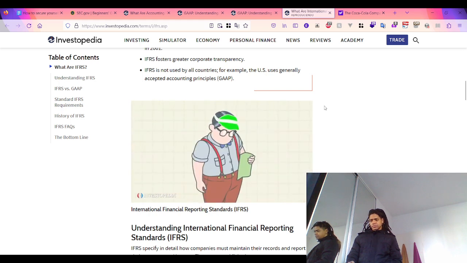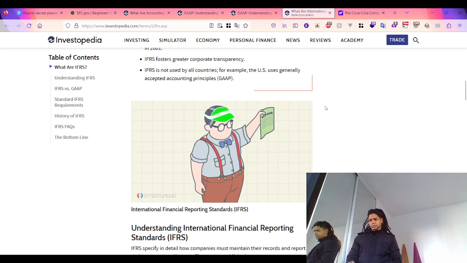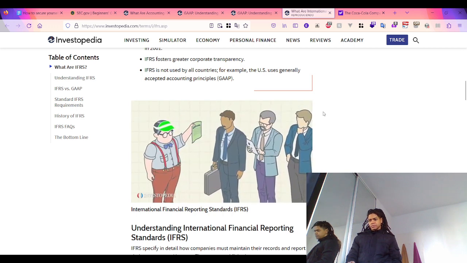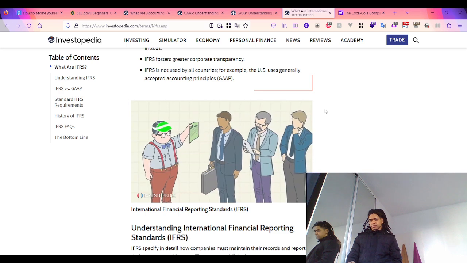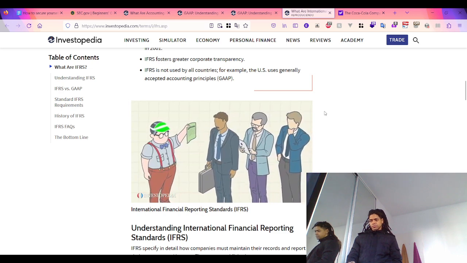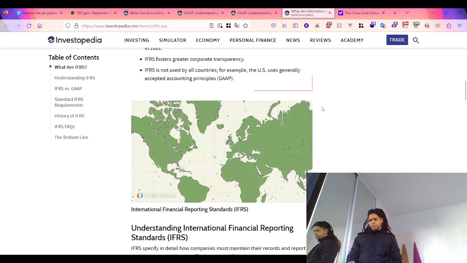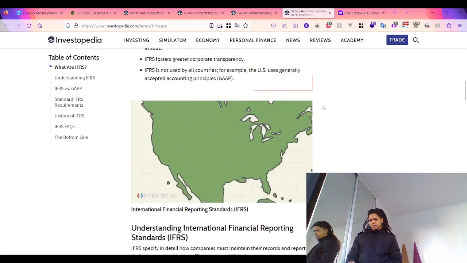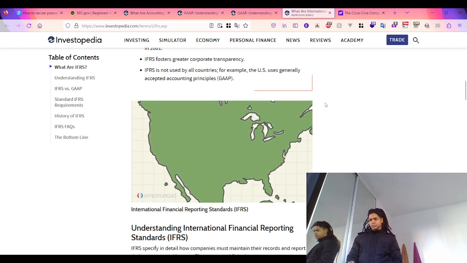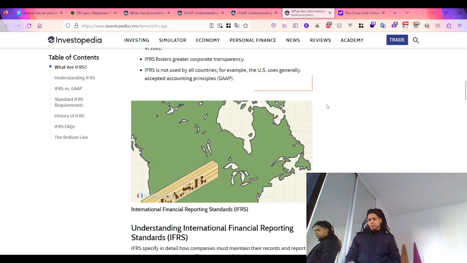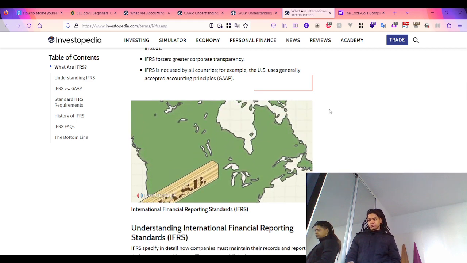When all corporations are required to adhere to one set of accounting standards, investors can be confident that the financial information they use is accurate and can be compared between all companies and across all market sectors. Most countries follow IFRS, except for the United States, which follows generally accepted accounting principles issued by the US-based Financial Accounting Standards Board. Canada also has its own rules of generally accepted accounting standards.